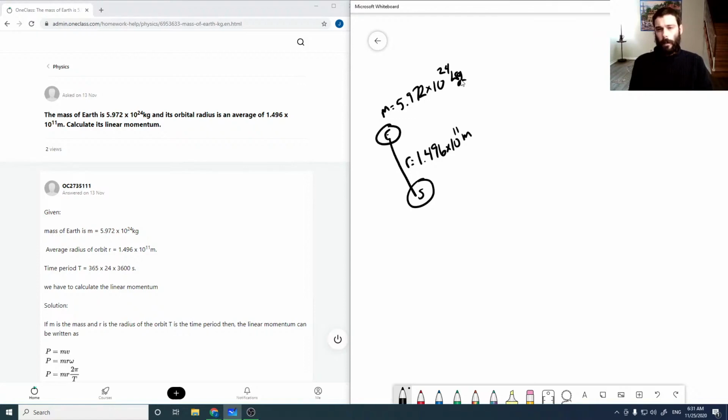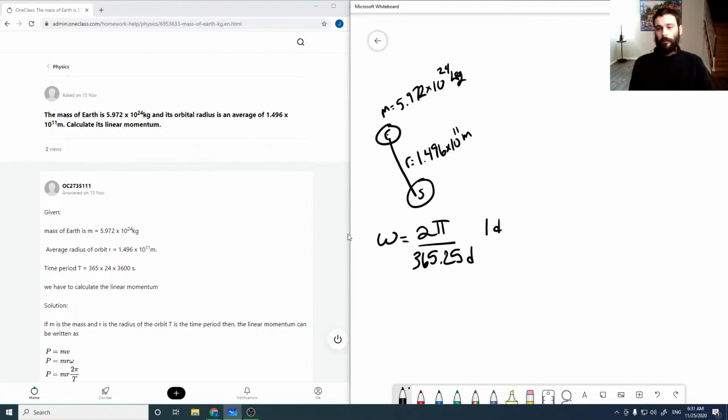Okay, so first we can calculate its angular frequency. As we know, the period, it's not given in the question, but we all know that the period of Earth's rotation is roughly 365.25 days. We'll want to convert that into seconds.